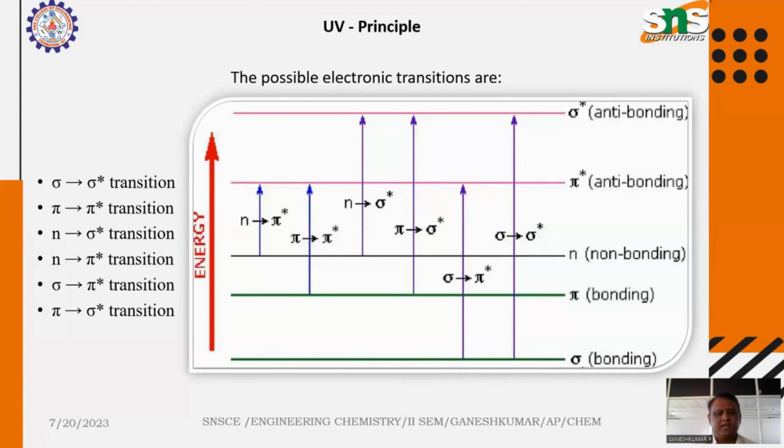These are classified into bonding and anti-bonding. Based on the transition and the amount of energy absorbed for that particular transition, we get information about the type of chemical we are analyzing.